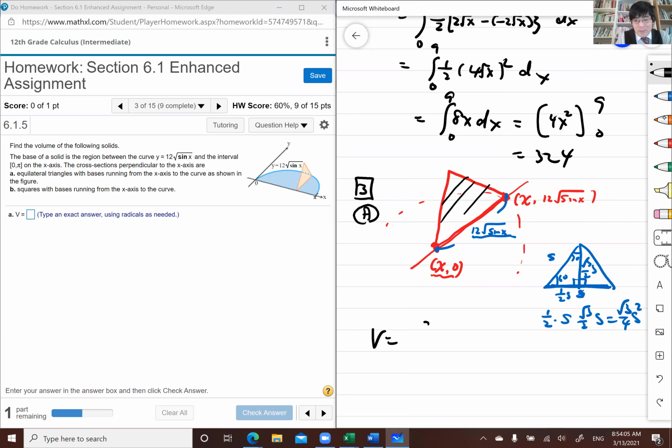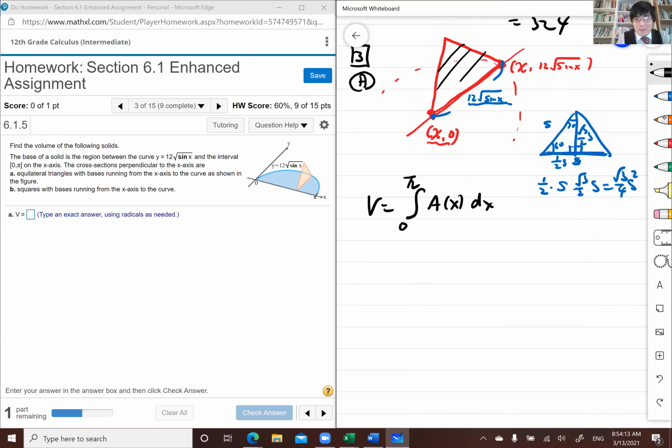So volume will be the integral, x between 0 through pi, of the cross-sectional area. And the cross-sectional area in this case is just the area of the equilateral triangle, which is square root of 3 over 4 times one side length squared.